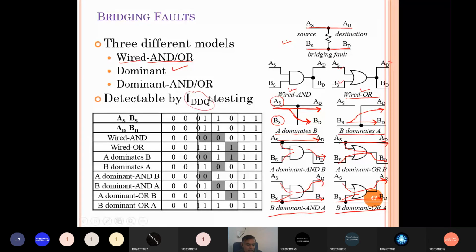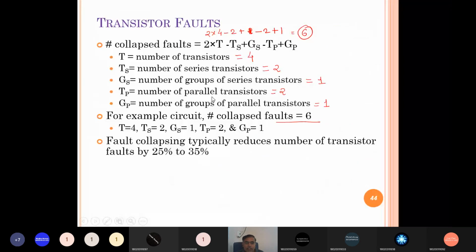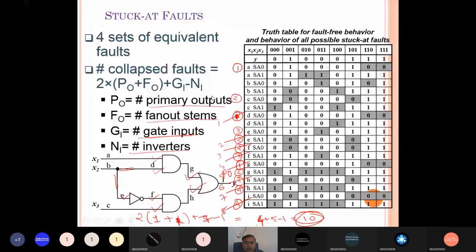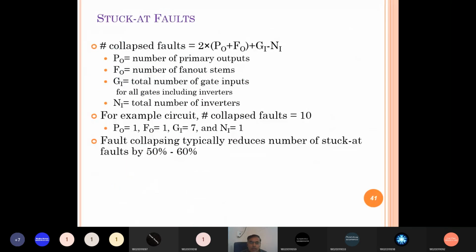Today we have covered different types of fault models, starting with the stuck-at fault in any logic diagram, and how to find a test pattern, and how to find the collapsed fault list.